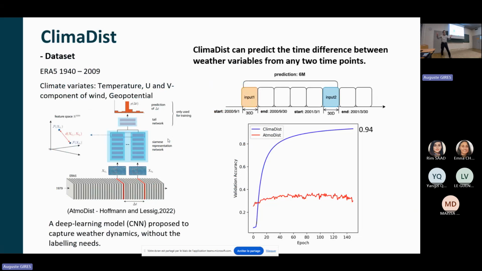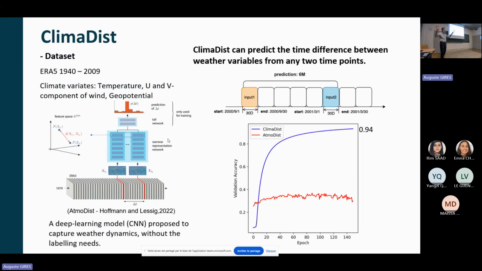So in time, I randomly choose the weather or climate variables from two random time steps. And then we try to extract features, because for deep learning or AI the most common thing is called a feature. We find a way to extract features, and the purpose of this feature is to help us determine the time difference between these two.